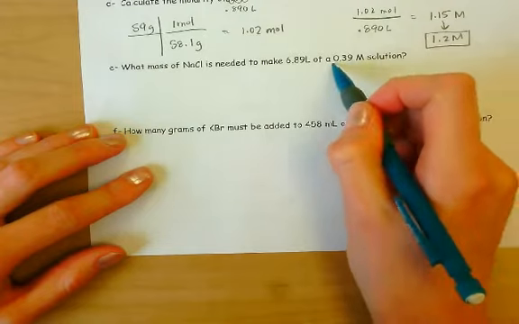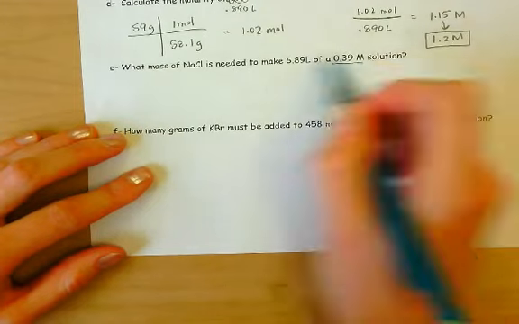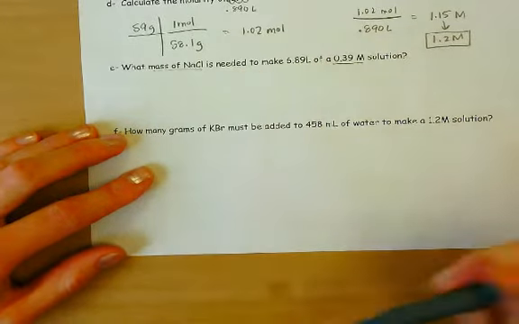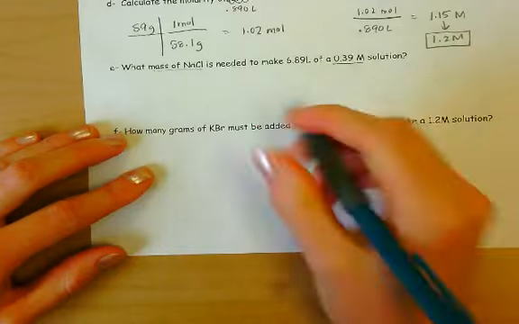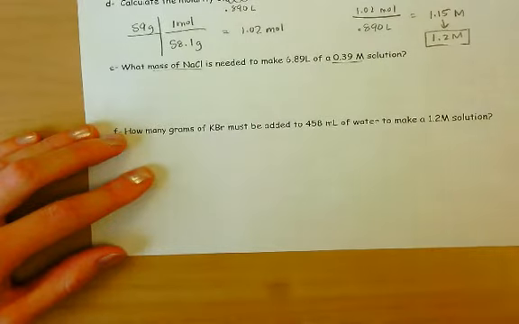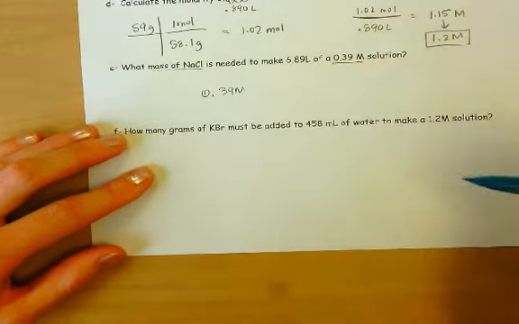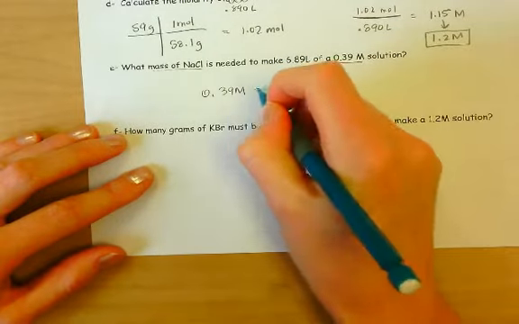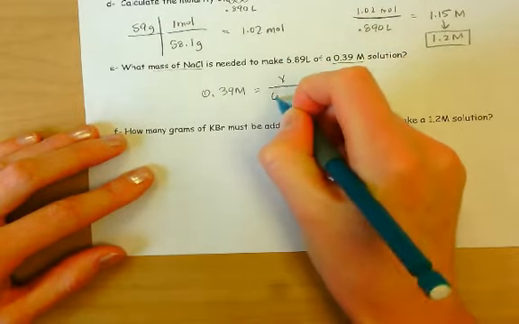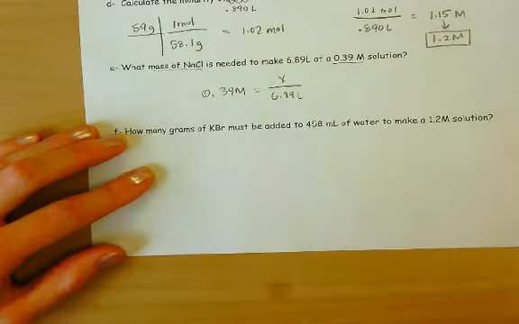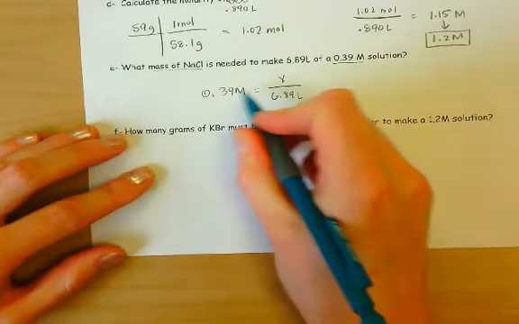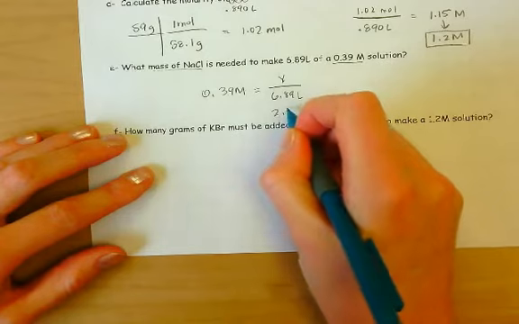Okay. For letter E, here it's giving us the molarity, and it wants to know the mass of NaCl. So step 1 here is to solve for X. So this is going to give you a mole value.